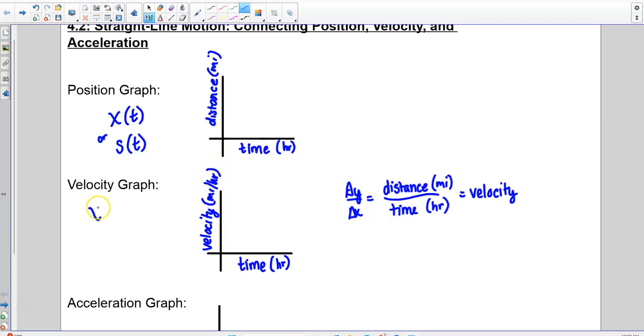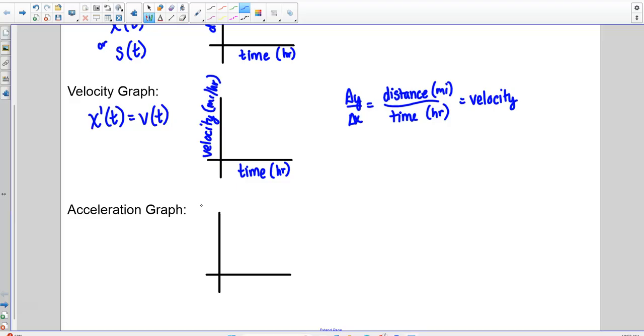And so the derivative of your position formula is your velocity formula. Okay.